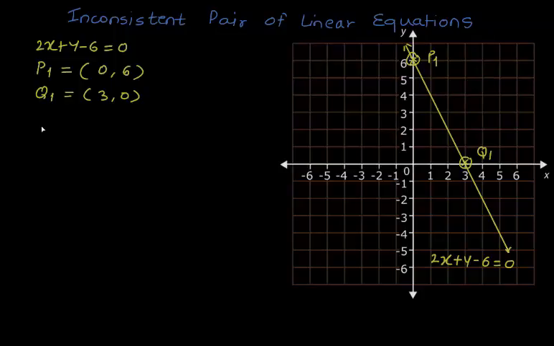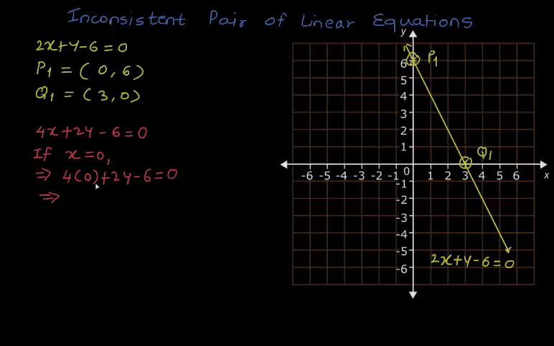Now let's take another linear equation, 4x plus 2y minus 6 is equal to 0. Now let's assume the value of x as 0. So putting this value in linear equation 4x plus 2y minus 6 equal to 0, what we get? 4 into x, which is 0, plus 2y minus 6 is equal to 0.